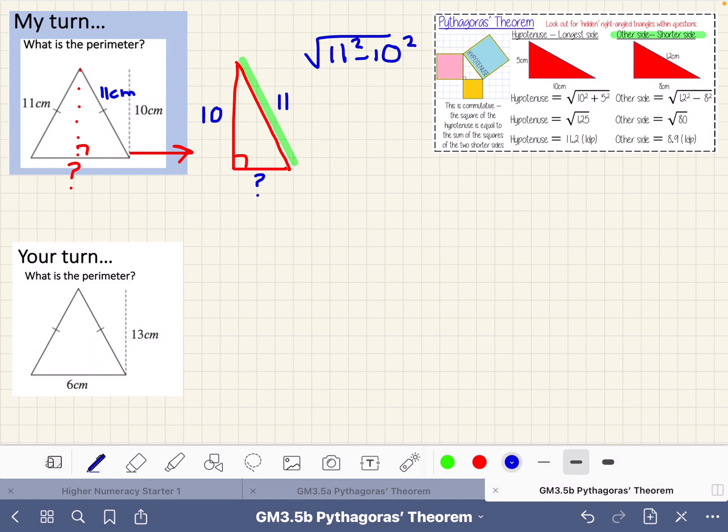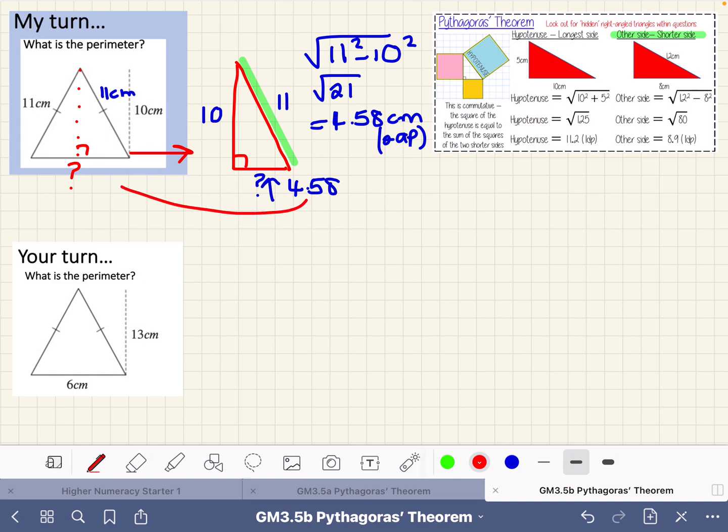That gives you an answer of the root of 21 and finally 4.58 centimetres to 2 decimal places. This is the distance of half of the base.